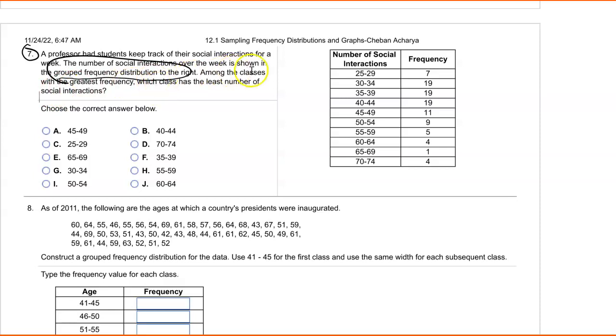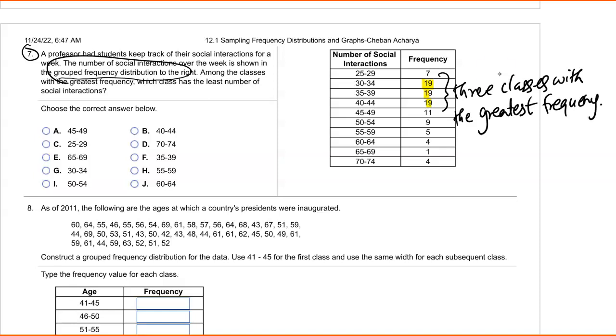That means you see the greatest frequency here is 19, 19, 19. You have 3 classes with the greatest frequency, right?